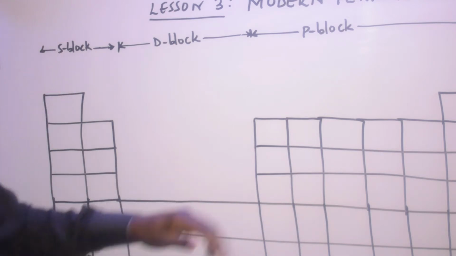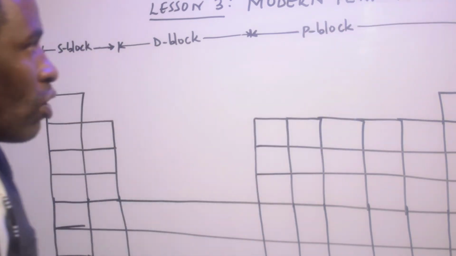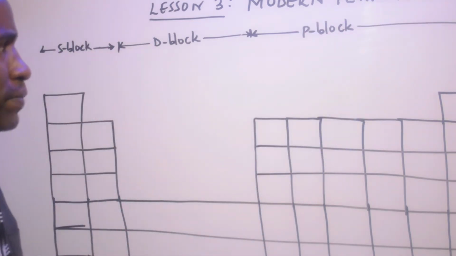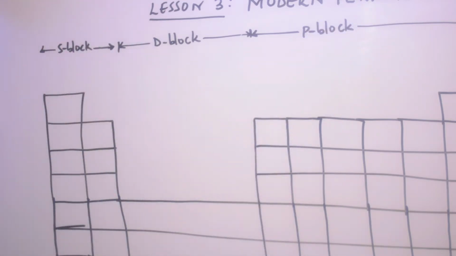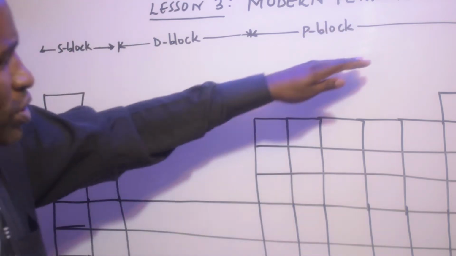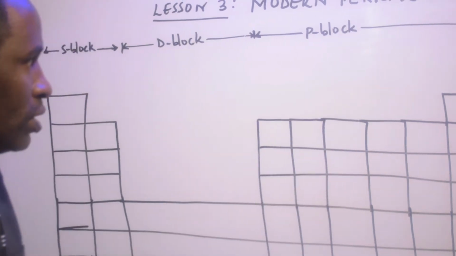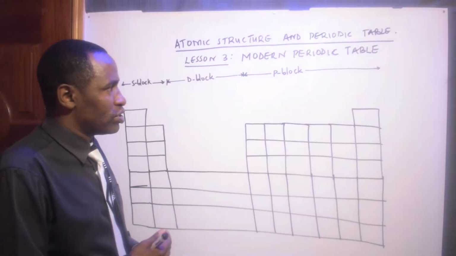And therefore, in the course of so doing, we've had two chemists who really attempted to do this and brought about the modern periodic table. One of those chemists happens to be Mendeleev.